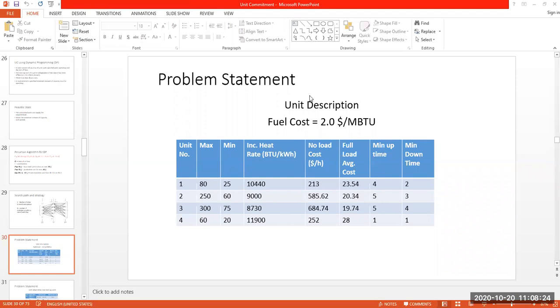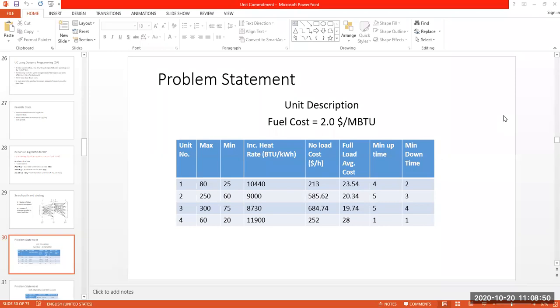Even then you expect some cost under this column, the no load cost. That is basically associated with some sort of fixed cost. You have to pay the maintenance cost, the salary of the people working there, and these sorts of things which are not directly associated with the production. So these are the fixed cost or no load cost.